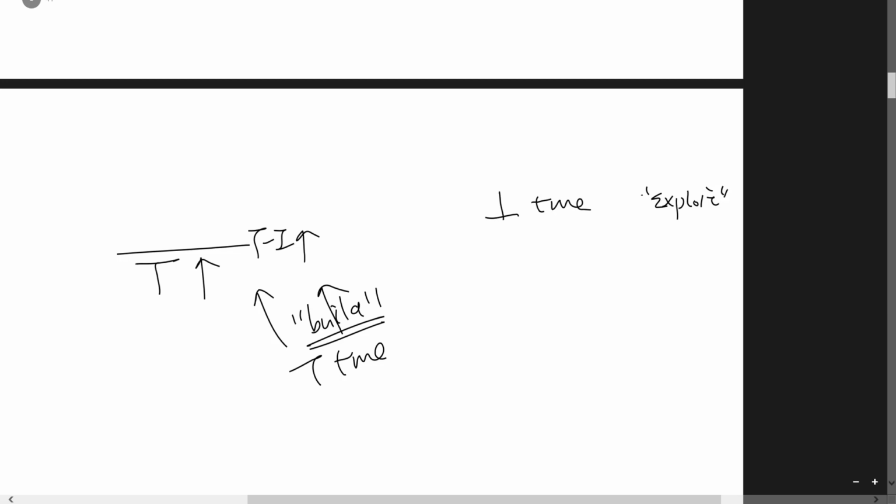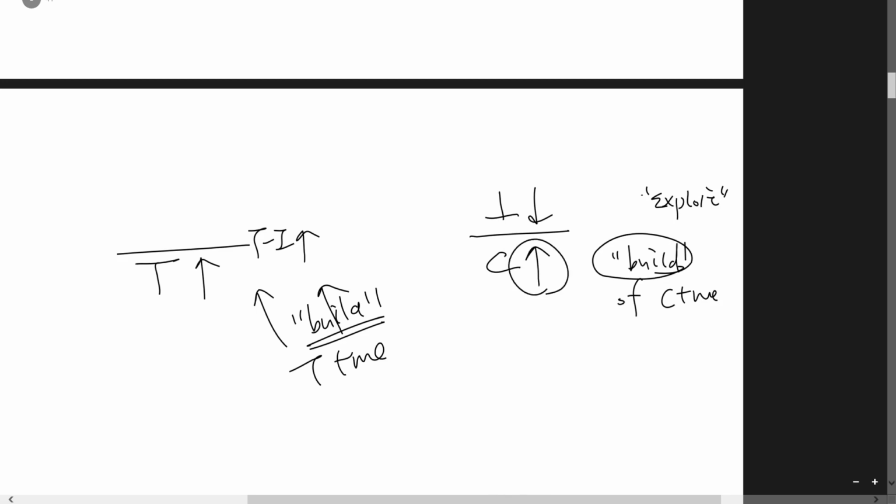So we move downward, and then it allows us to build any proof of C true. So build corresponds to this up arrow. So we can build any up arrow. This is the bottom elimination rule, down arrow.